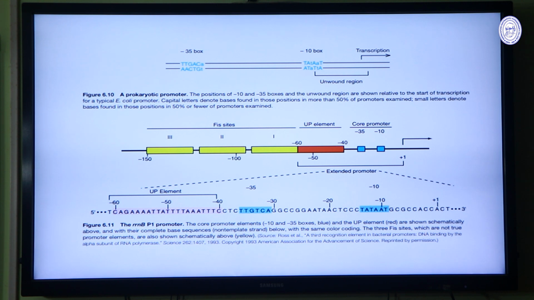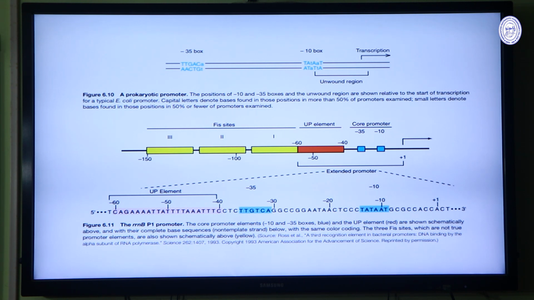This is not as conserved as the promoter sequences, but it is present in genes expressing at a high level, for example the ribosomal RNA genes. The up element extends from -40 to -60, which is followed by some other element.